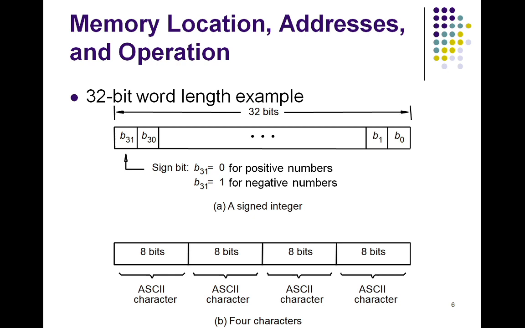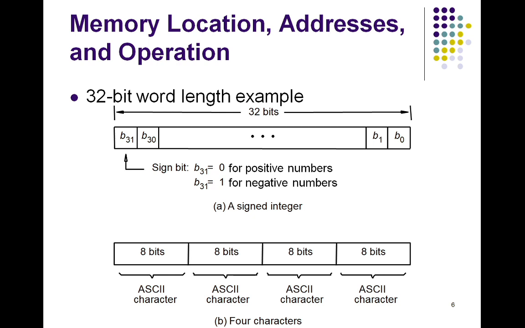Here, accessing the memory to store or to retrieve a single item of information, either a word or a byte, requires distinct names or addresses for each item location. It means that in order to store information in the memory, each word requires a distinct name or address.